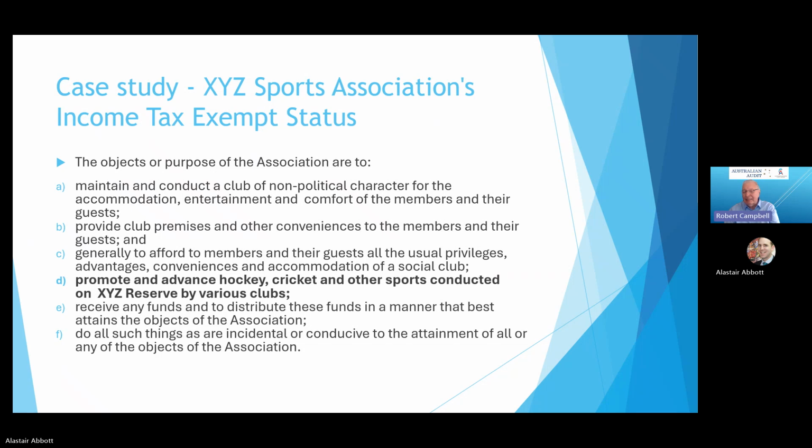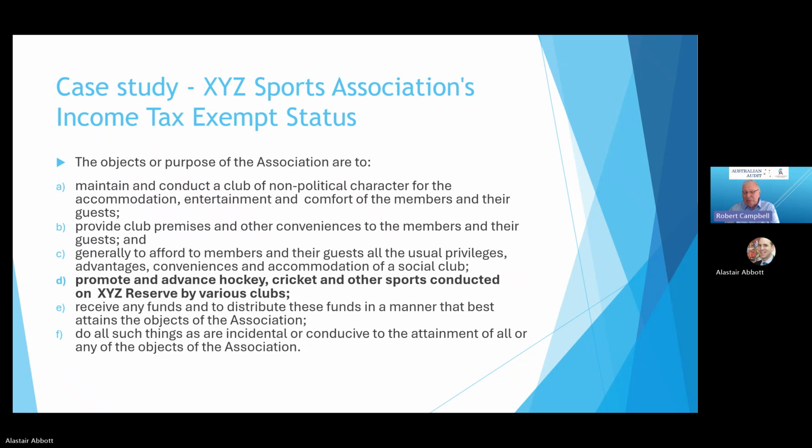It's to maintain a club of non-political character for the accommodation, entertainment and comfort of the members and their guests. And you'll see automatically an ATO auditor would say, well, that's your top object, and it's clearly about member benefits, and in particular sport, recreation and entertainment, and your sporting priority is down at 4.